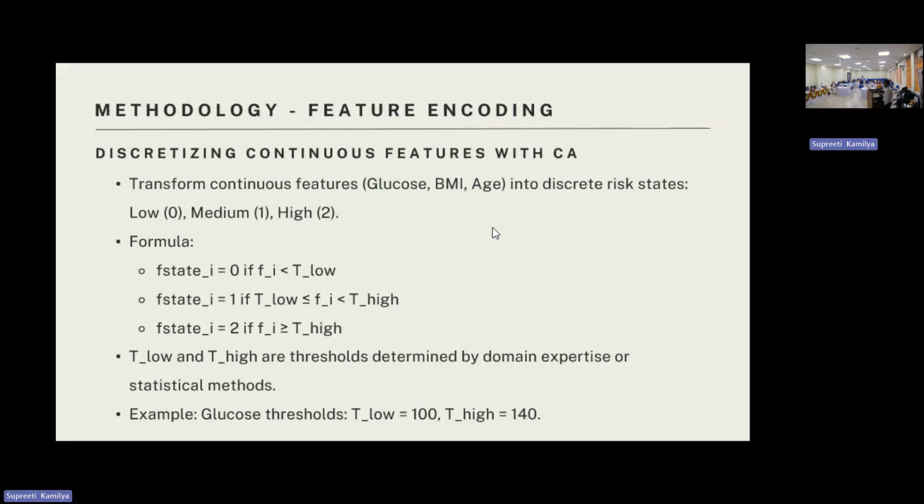This is the methodology. First, we transform continuous features into discrete states: low, medium, high. The formula gives the encoded features, where T low and T high are the thresholds.